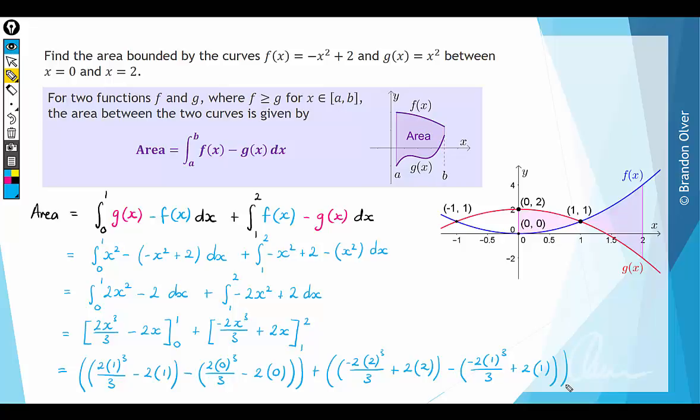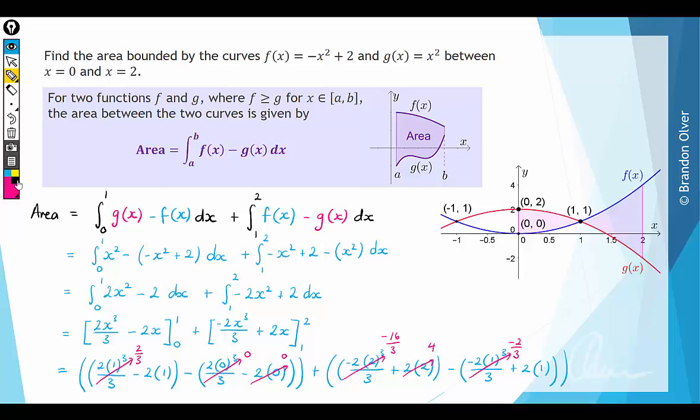So if you go through, you find that this here is just 2 over 3 minus 2, minus 0, and then we have minus 2 times 2 to the power of 3, which gives minus 16 on 3, and then that's going to become plus 4, and then we have minus 2 times 1 to the power of 3, so that's just minus 2 over 3, and that's just plus 2.